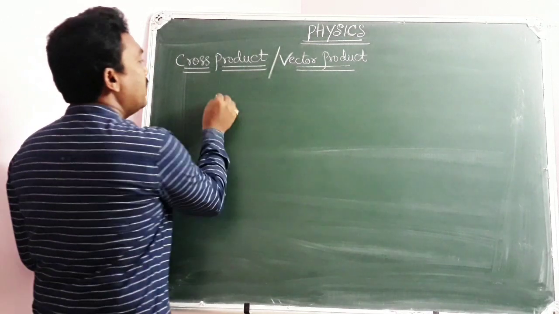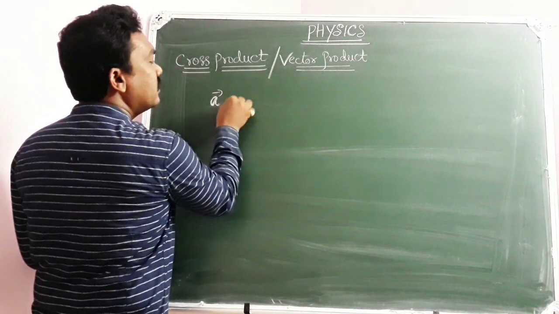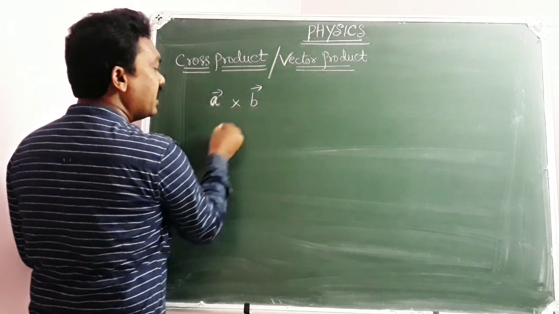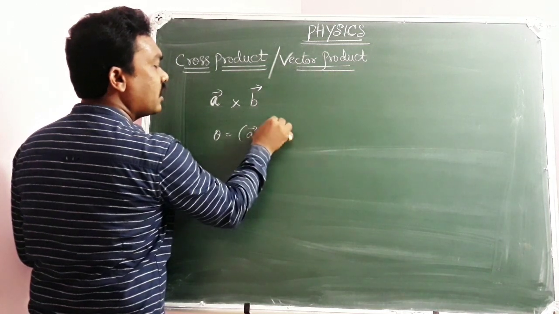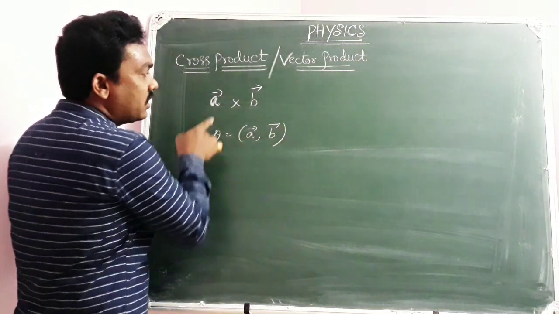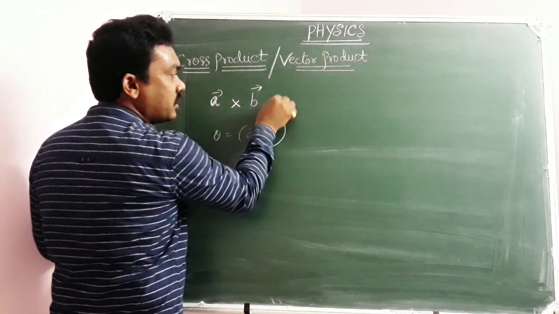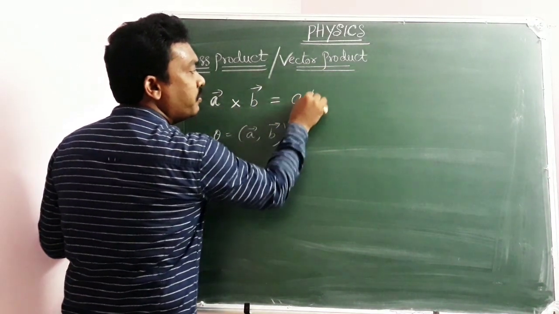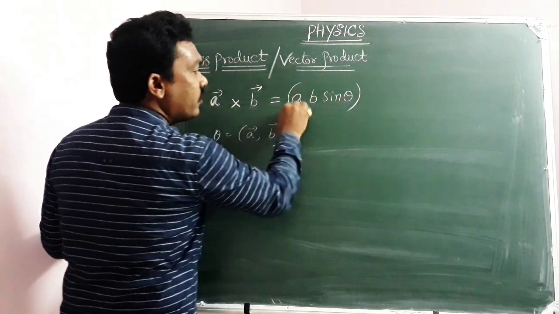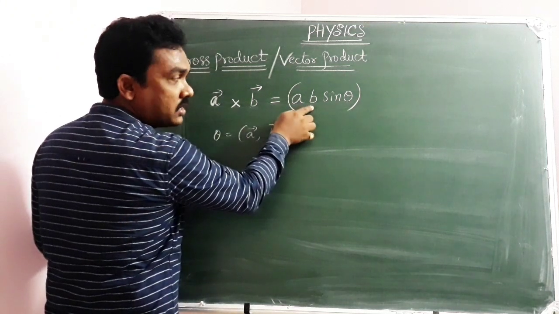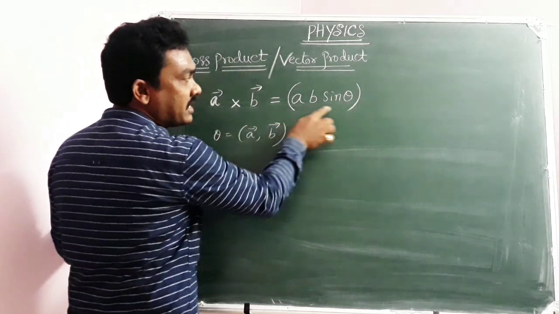Similarly, if a bar and b bar are two vectors at an angle theta, where theta is the angle between a bar and b bar, then their cross product is defined as a bar cross b bar equals a b sine theta, where a is the modulus of a bar, b is the modulus of b bar, and sine theta is just a number. So this is all a scalar.